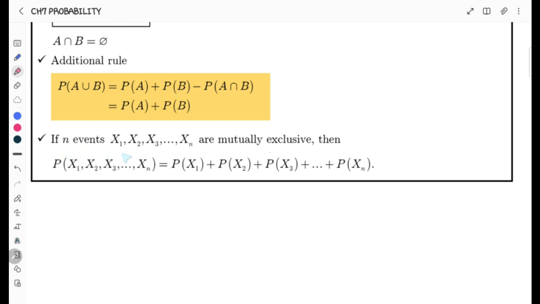If n events x1, x2, x3, x4 and so on up until xn are mutually exclusive, then P(x1 union x2 union x3 up until xn) is simply P(x1) plus P(x2) and so on up until P(xn).